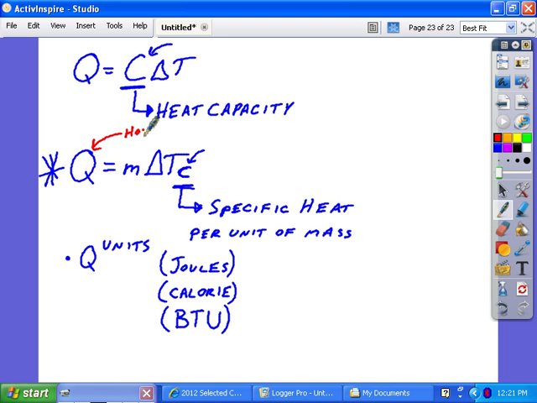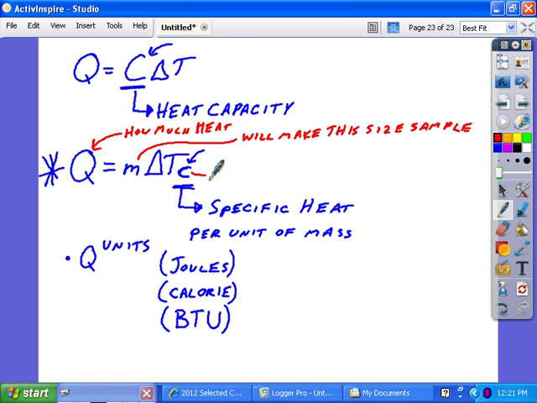How much heat will make this size sample of this material change this much temperature.